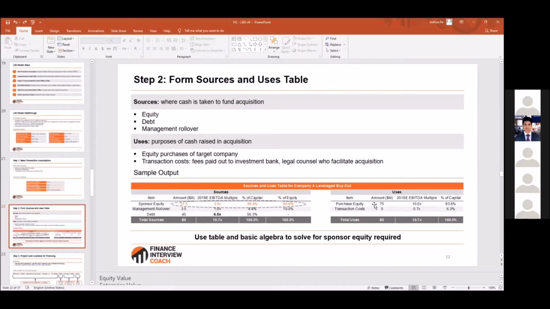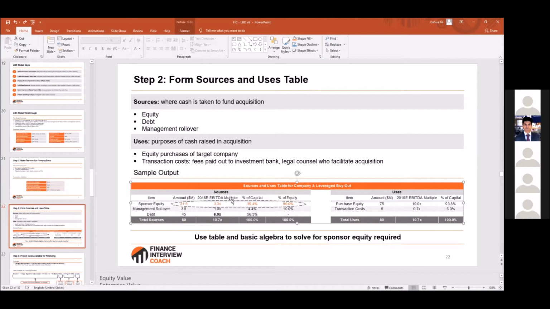So to find that, we figured out the cost of the company here, 75 million. We have 5 million transaction costs, 80 mil. We know how much debt we're going to take, because usually debt is driven off of an EBITDA multiple, so 6 times. So the debt's already given. So really, the number we have to find is this equity part. Sorry, this is a little confusing.